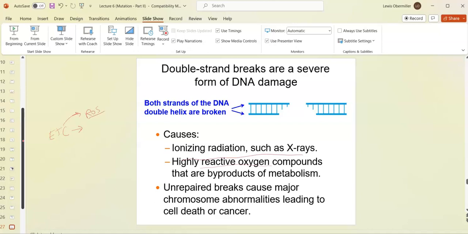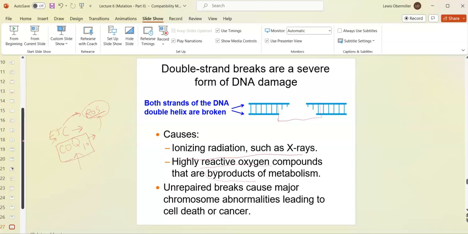In fact, one of the things in the electron transport chain called coenzyme Q10, they sell this as an antioxidant. Its job is to bind up reactive oxygen species, but it's actually part of the electron transport chain. So if you're at the store, check it out. You'll probably find a bottle of this that they sell to inhibit reactive oxygen species, which it does a very effective job of reducing DNA damage.